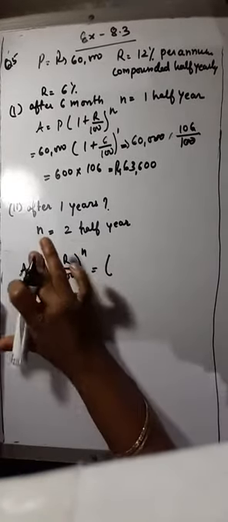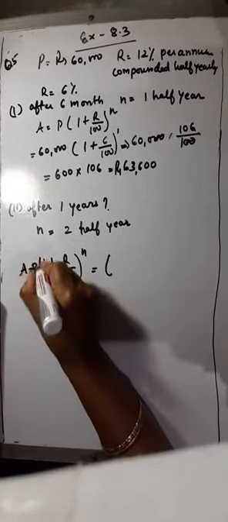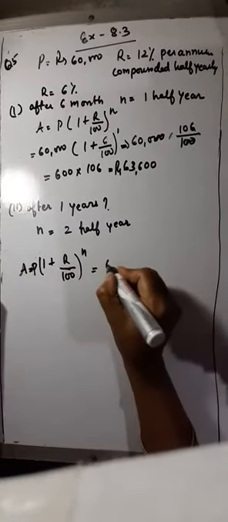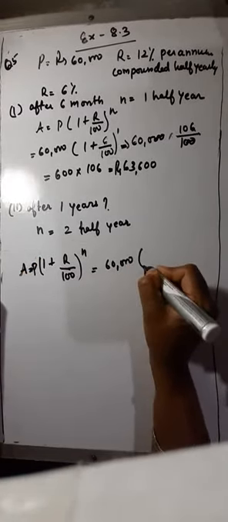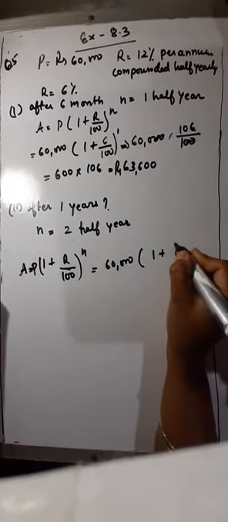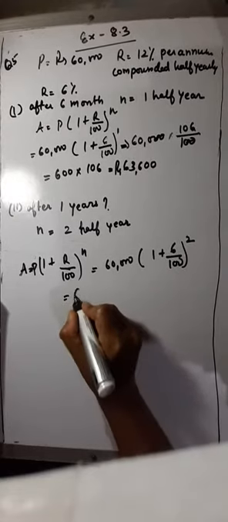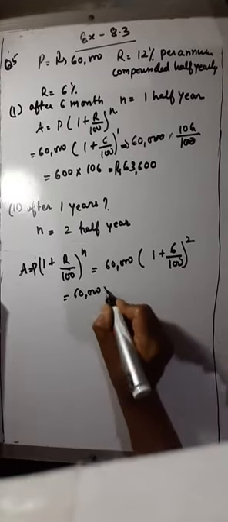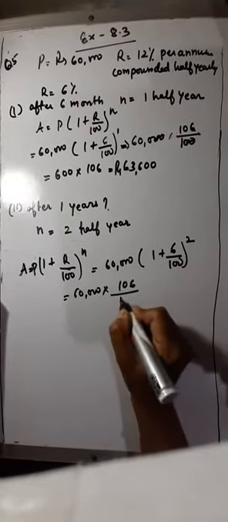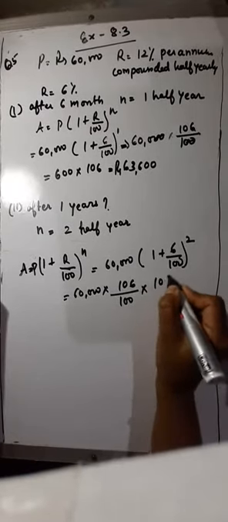Amount is equal to P(1 + R/100)^n, P is 60,000, rate of interest 6 upon 100 to the power 2, is equal to 60,000 into 106 by 100 into 106 by 100.